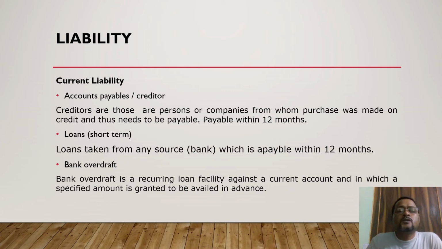Now come to current liability. Current liabilities, as I said, need to be paid within 12 months. If the business has purchased from another business on credit, let's go to the example of Mr. X. Mr. X sells grocery, but he doesn't produce those grocery.